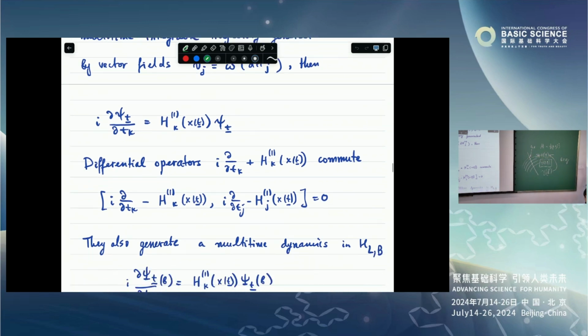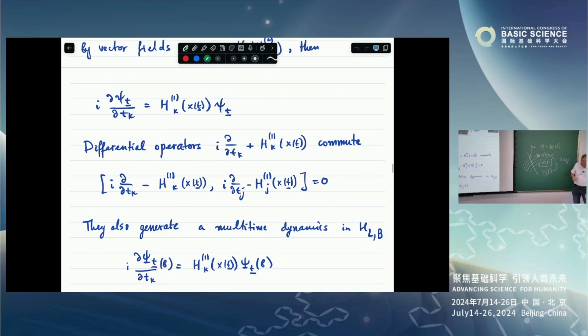I said generically, meaning the following: if our multi-time dynamics has initial conditions such that it's a dynamics on the n-dimensional Liouville torus, then we have n independent differential operators, and there should be a flat connection on this torus.